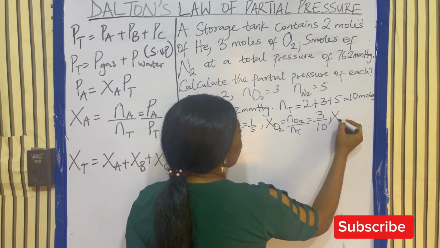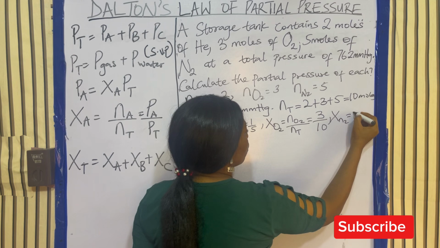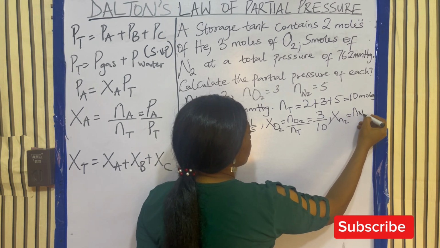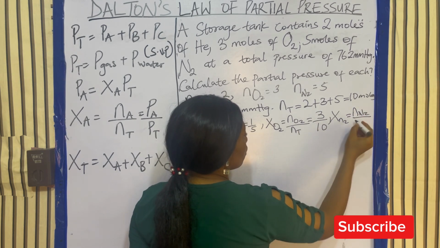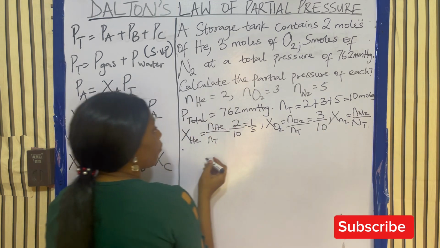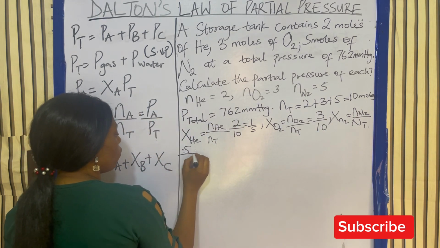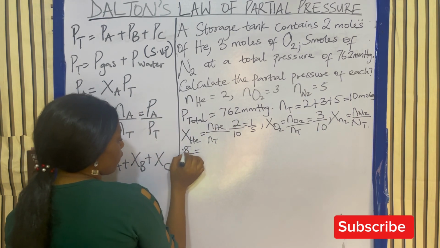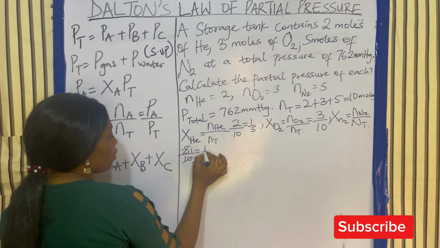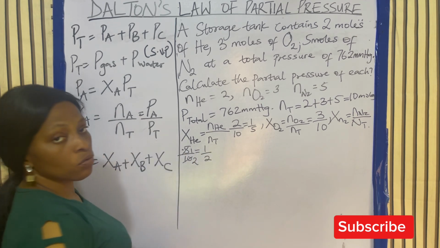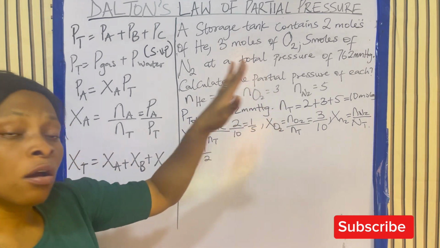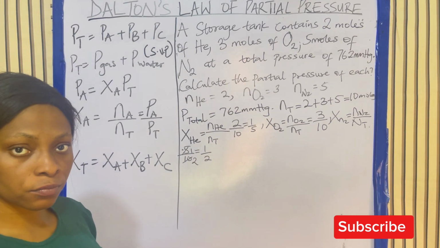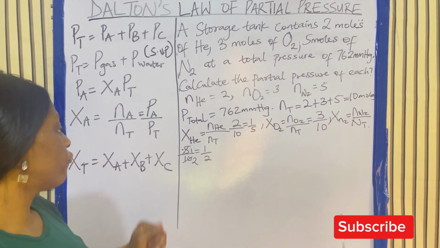The mole ratio of nitrogen is equal to number of moles of nitrogen divided by N total. So it is 5 over 10, and that will give us 1 over 2. So these are their mole fractions. Are we together? They are mole fractions.